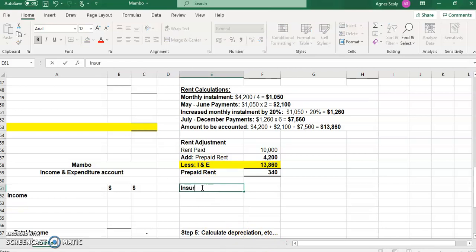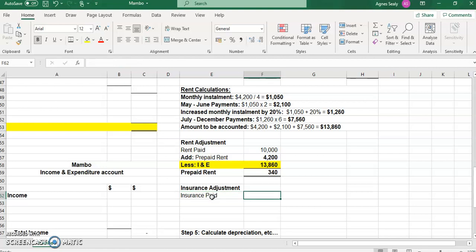So insurance adjustment, and we're going to start with insurance paid, and the amount paid was $7,250. To that, we are going to subtract the accrued insurance at the beginning.